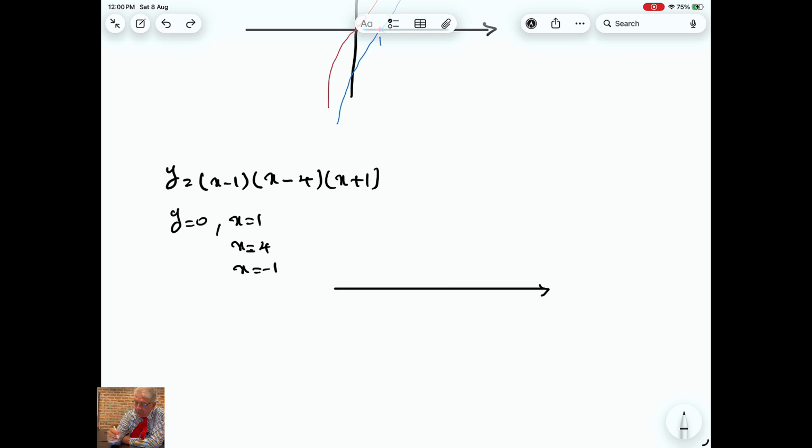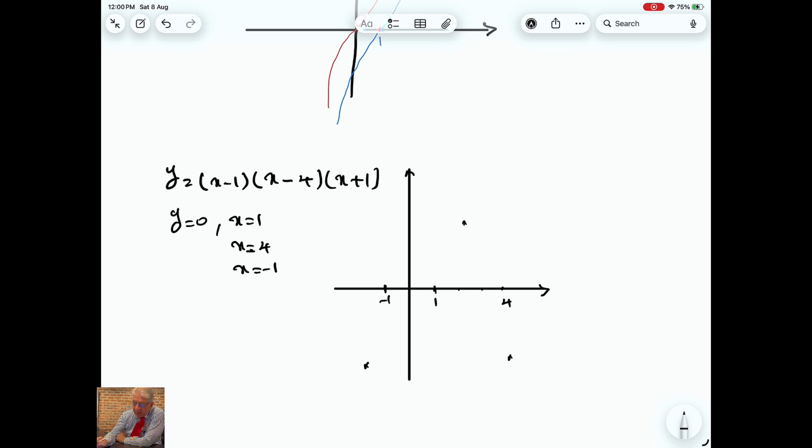Let me change this one to here. Okay, this will change our x equal to negative 1, x equal to 1, 2, 3, 4. Now, we know that our graph starts from here, goes here, and goes here.